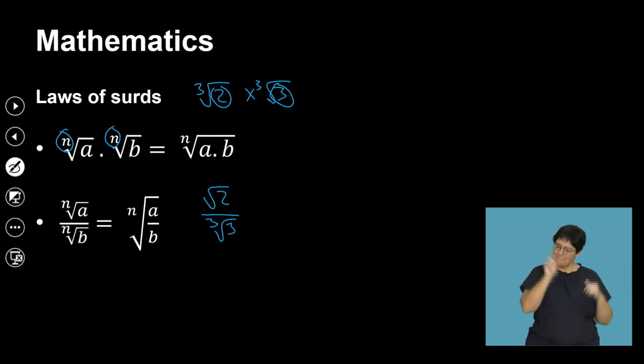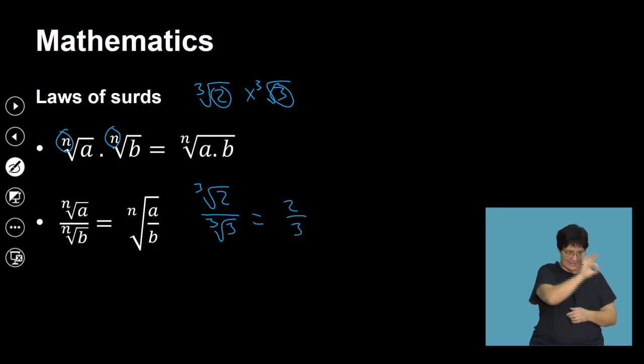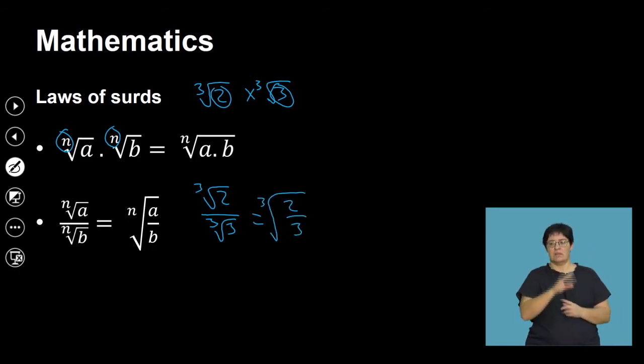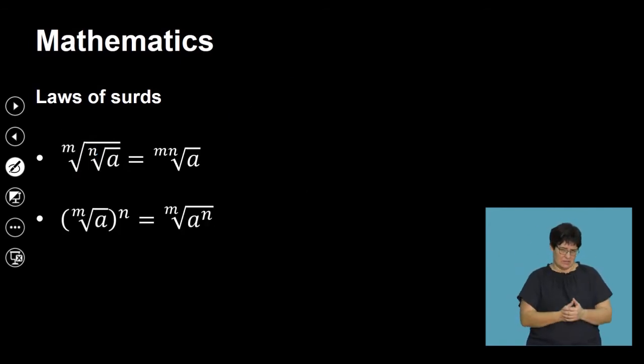So it must be the same radicals. We normally actually call them radicals. So it must be cube root and cube root, then it will be 2 over 3, and all of this will be inside the cube root. This is more or less the same as the laws of exponents, where if I have an exponent outside, I kind of distribute it inside to everything that I have inside the bracket.